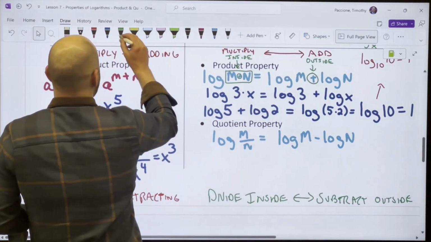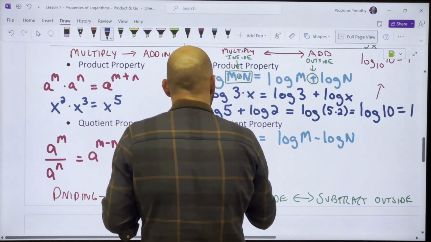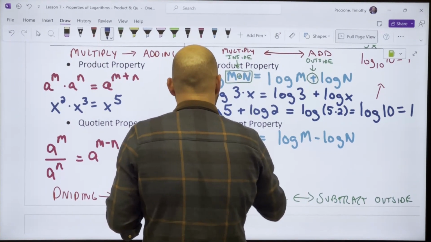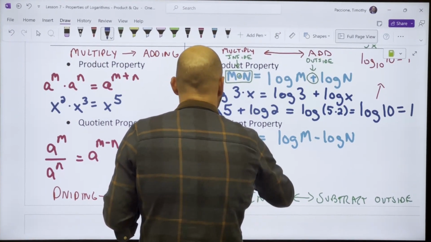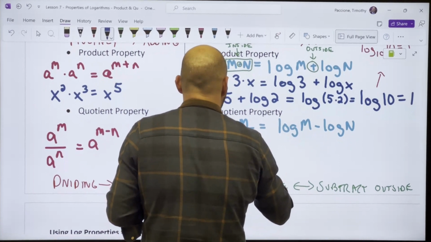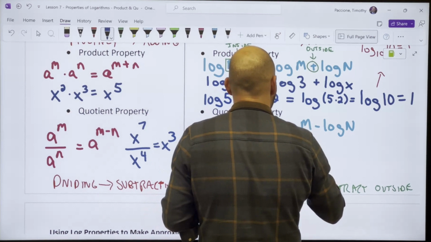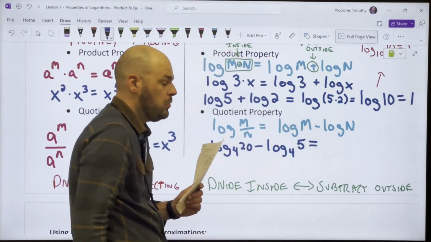If you have, say, log base 4 of 20 minus log base 4 of 5. Well, what am I doing?